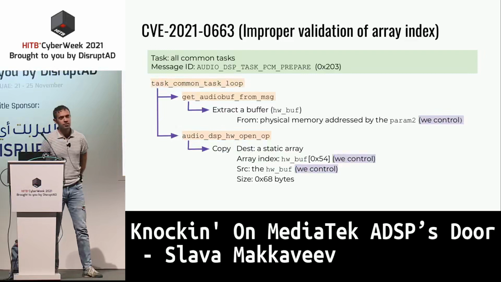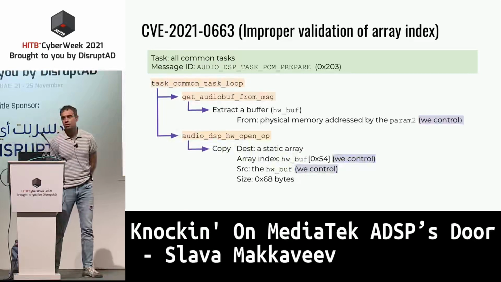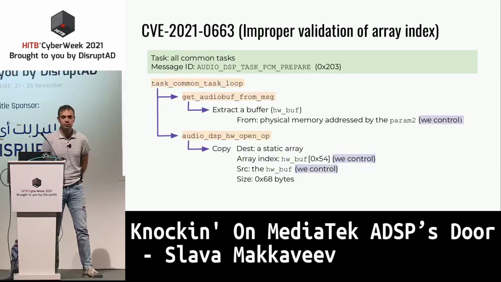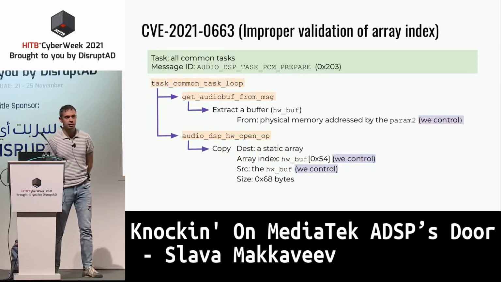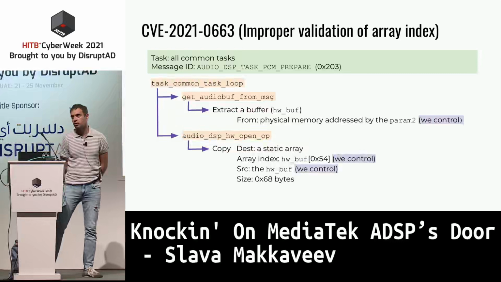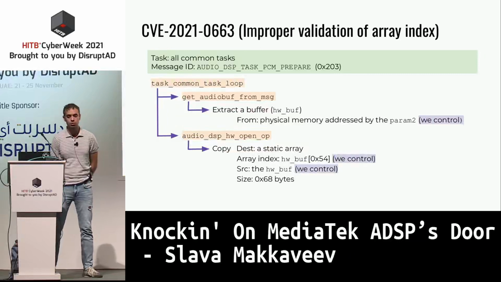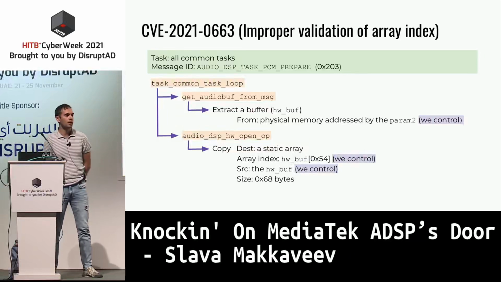The field at offset 54 is used as the index of the array, and there is no check for index overflow. This means that if we can control the audio buffer in the physical memory, we can provide an arbitrary index and overwrite the memory in the data segment with controlled values.